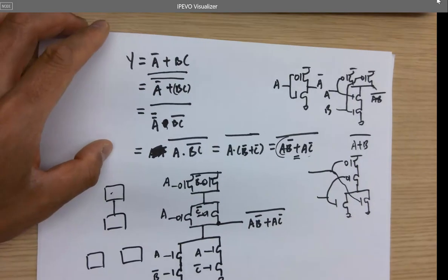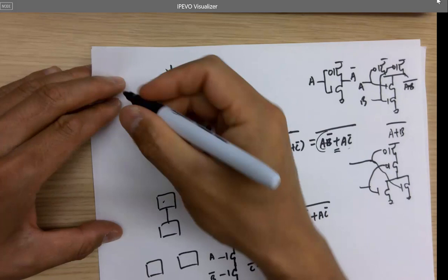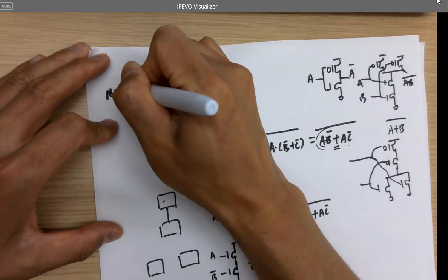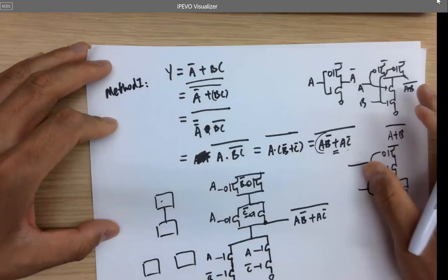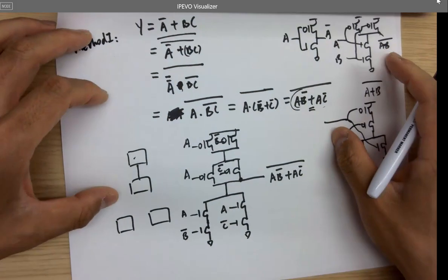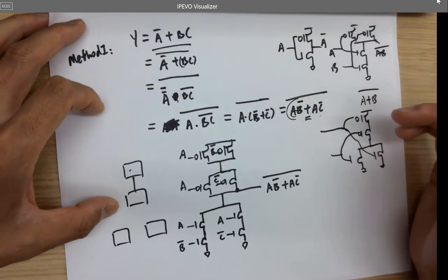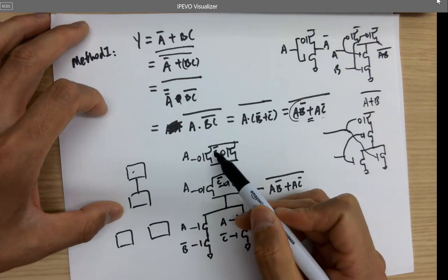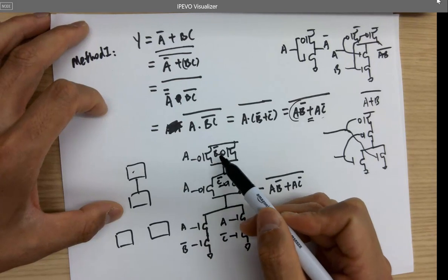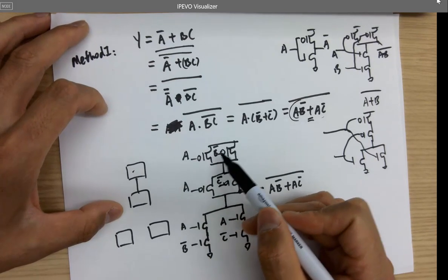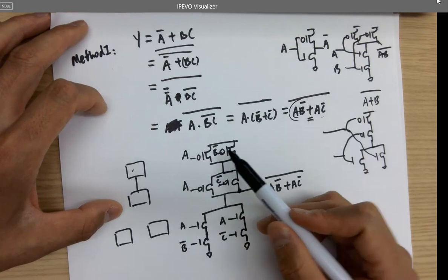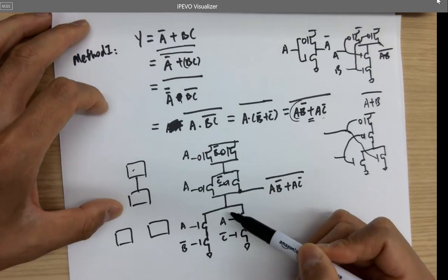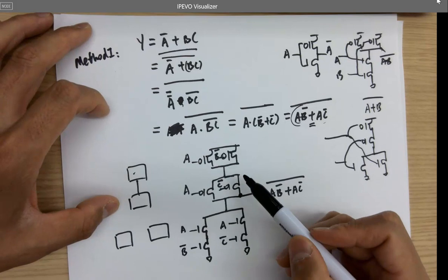Okay, so this is method 1, for example. How many transistors do you have over here? Not including the inverter that inverts the logic from B to B not. Let's not look at that one for now. So you have 8 transistors, right? To implement this logic.